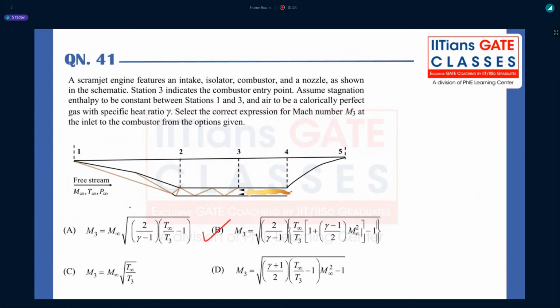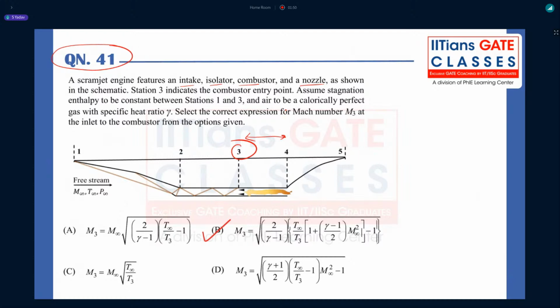Yeah, it looks like there are again a lot of Scramjet questions this time. So the next question is question number 41. It says a Scramjet engine features an intake, isolator, combustor and nozzle as shown in the figure, and station 3 is the combustor entry point, so the combustion chamber is between 3 and 4.